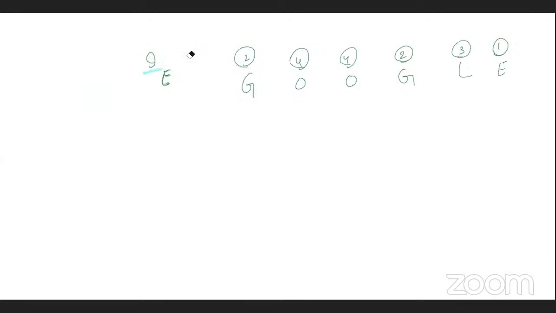So what we should do here is, with some gap I want to write, then easily we can understand. G, O, O, G, L, E: first rank, next third, this is second, fourth, second.